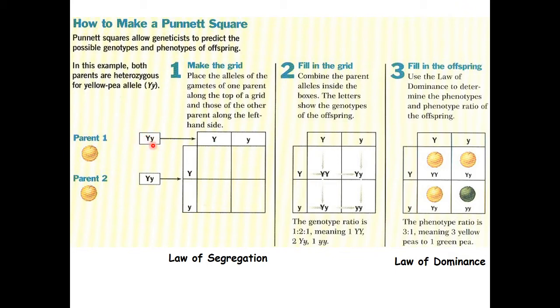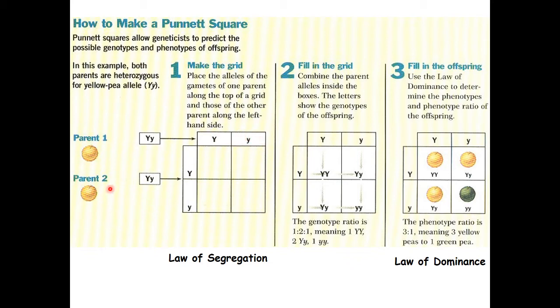So when this parent's germ cell with this genotype makes gametes, let's say sperm here, those two alleles are going to segregate because they are on homologous chromosomes. The big Y will go to one gamete, just like the one I showed you, because of the law of segregation. The small y will go to the other gamete.